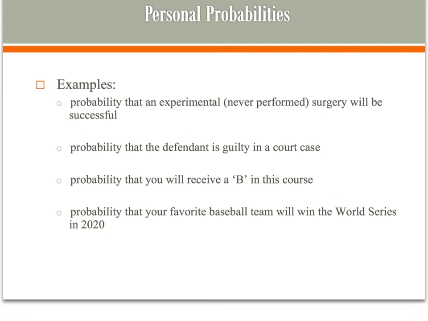You're starting to get some information about that, but you haven't taken this course before, so you don't have a lot of data to go from to see how often you're going to get a B. And the probability that your favorite baseball team will win the World Series in 2020. So those are all things where you look at your personal beliefs and judgments, and you make calls about the probability based on that. So we call those personal probabilities.